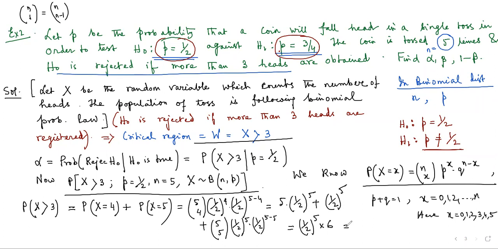And you are supposed to calculate this probability with the help of your calculator. Let me calculate this probability. So this is coming out, according to my calculation, as 0.1875.